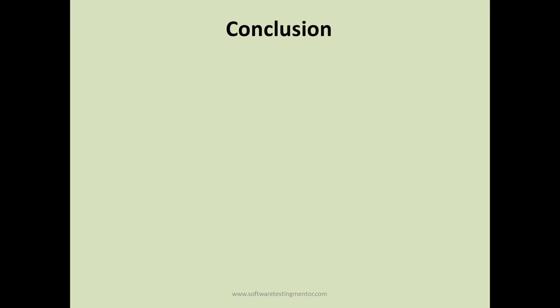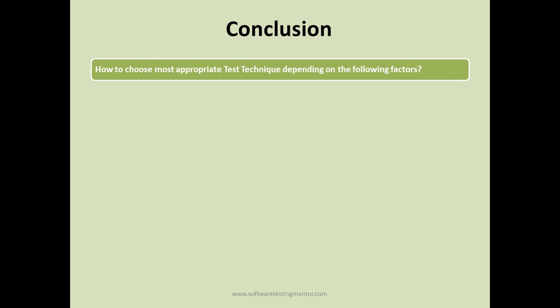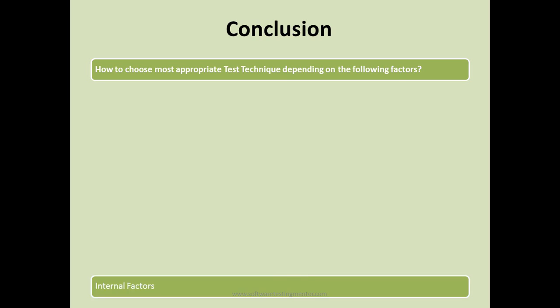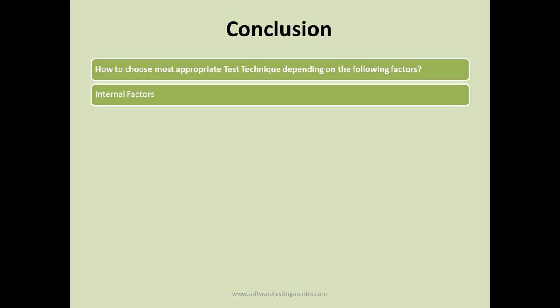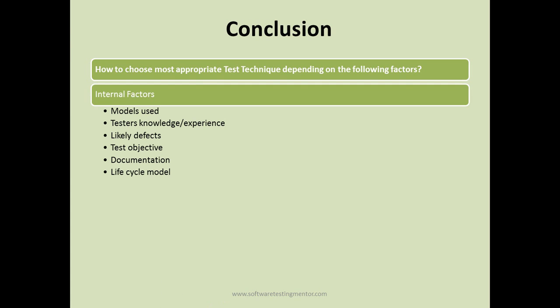So to conclude, in this session we learned how to choose the most appropriate test technique depending on the following factors. We saw some of the internal factors, which are models used, testers' knowledge and experience, likely defects, test objective, documentation and life cycle model. These were some of the internal factors which affect which test technique you need to choose.